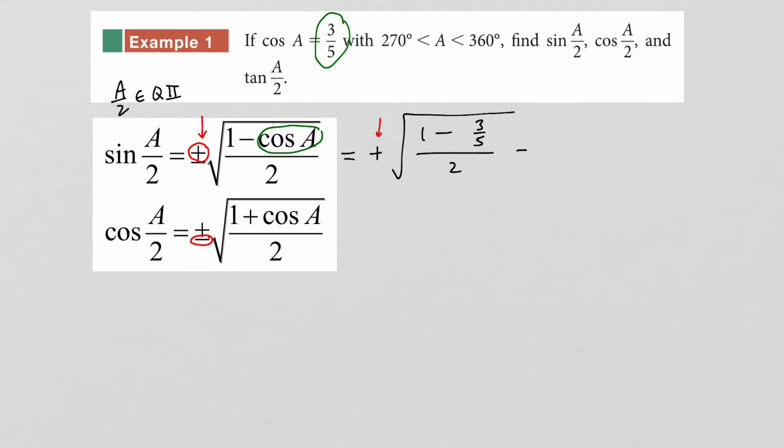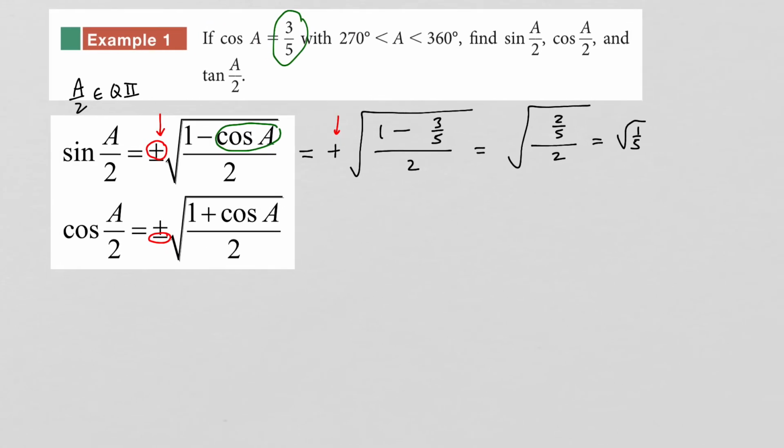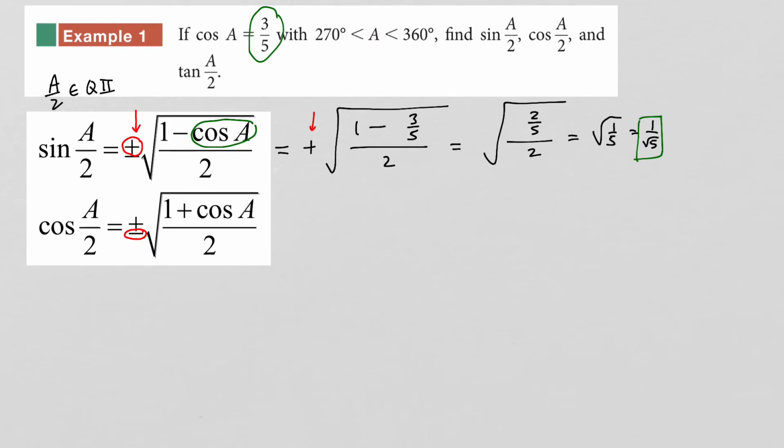So if I simplify now, this is the square root of 1 minus 3/5, which is 2/5, divided by 2. 2/5 divided by 2 is 1/5, and the square root of 1/5 is 1 over radical 5. And we can write the answer like this, or you can rationalize and say that this is radical 5 over 5. Either way is fine.